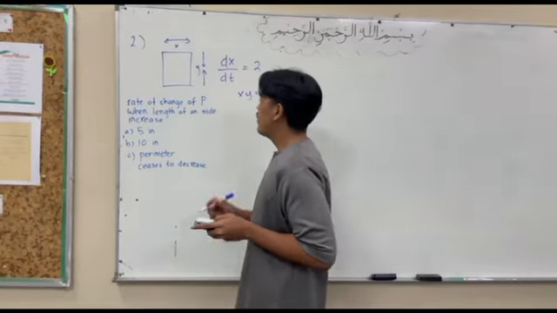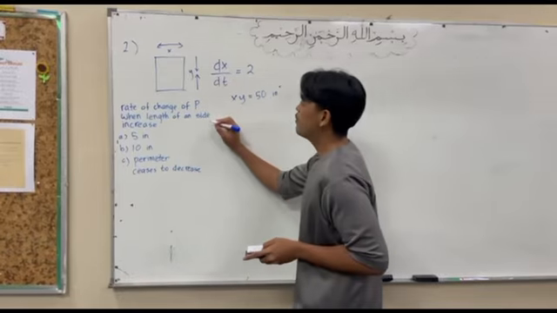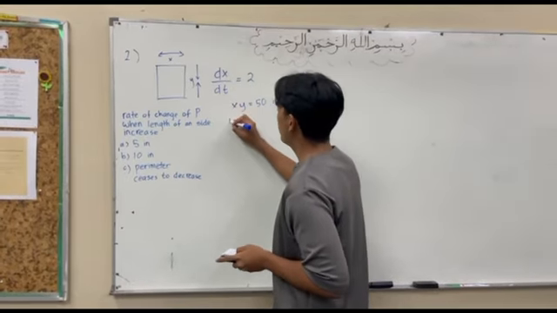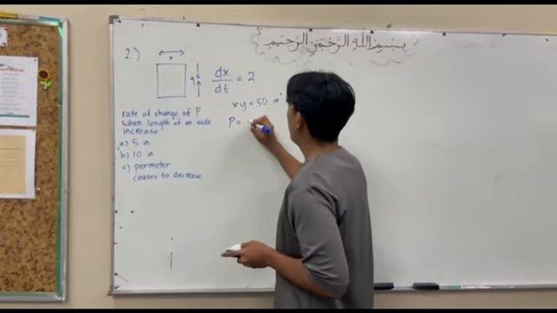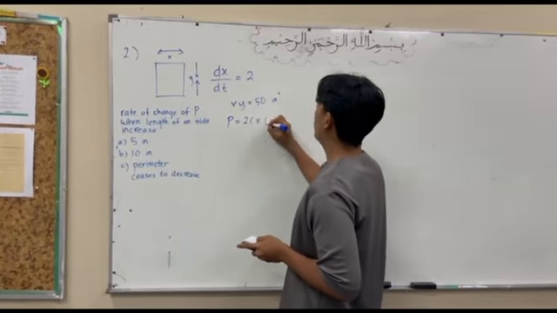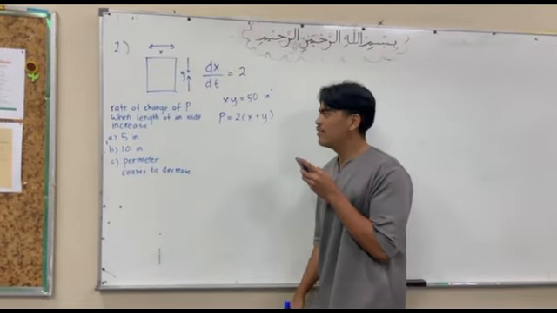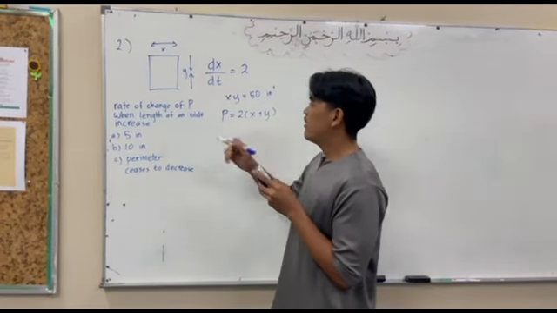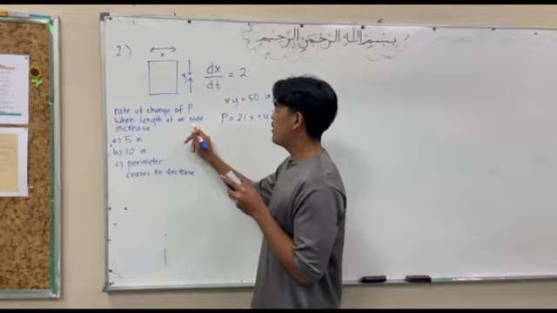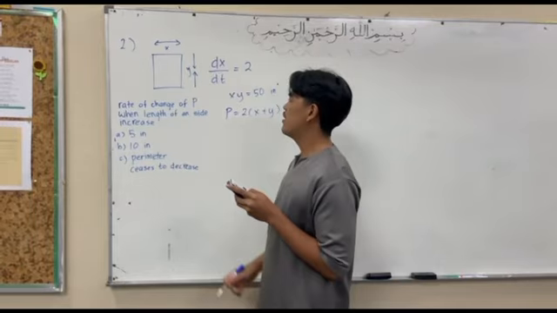We know the formula for perimeter is P equals 2x plus 2y. We want the rate of change of P when the length of the side increases to 5 inches.